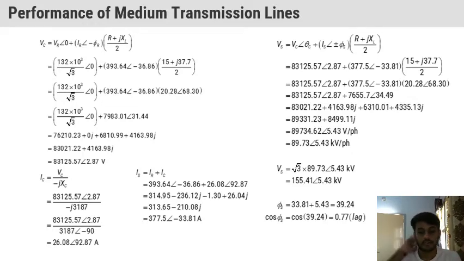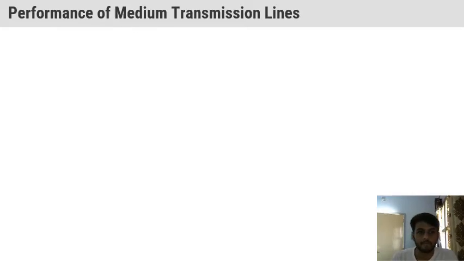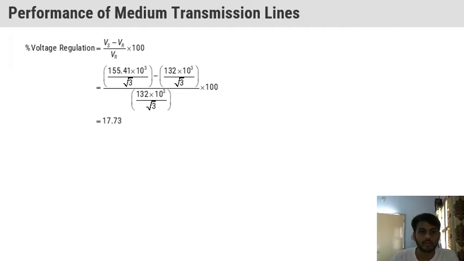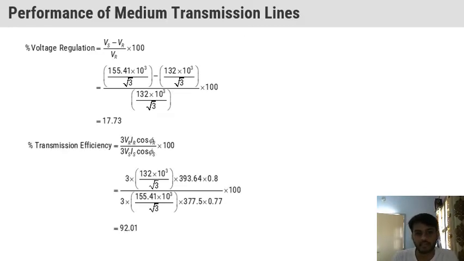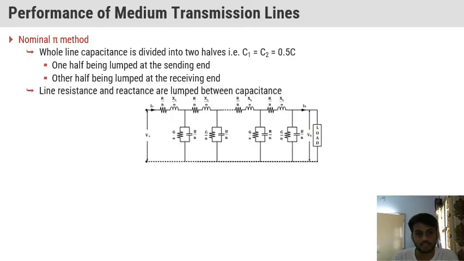This becomes simple if you know how to use a scientific calculator for these conversions. Learn how to convert, and then this example will be simpler for you. Then we can calculate the voltage regulation like this, and the transmission efficiency.